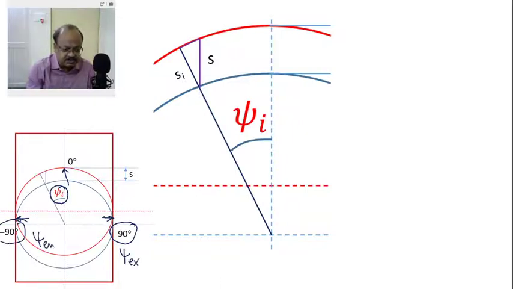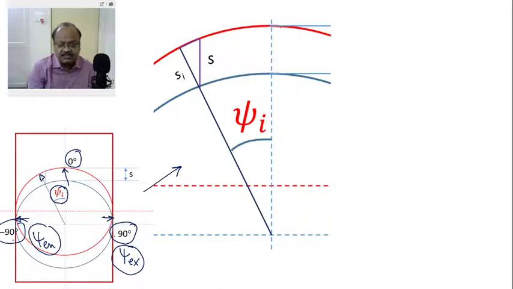So the engagement angle is varying from -90 to 0 degree to +90. This is the current position of the cutter, for which I have zoomed the view over here.